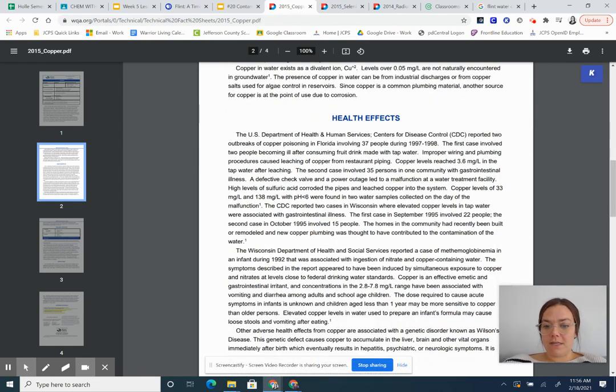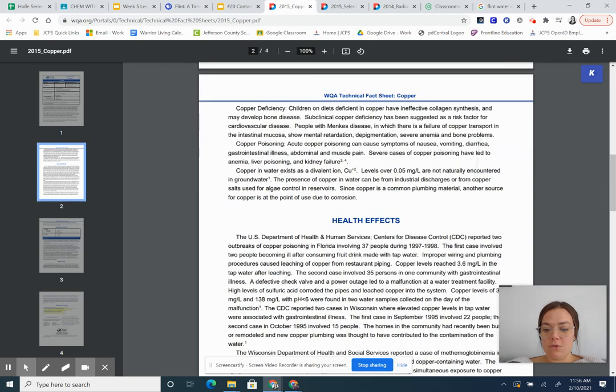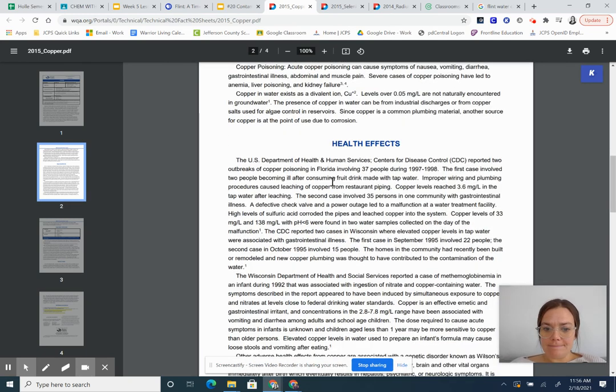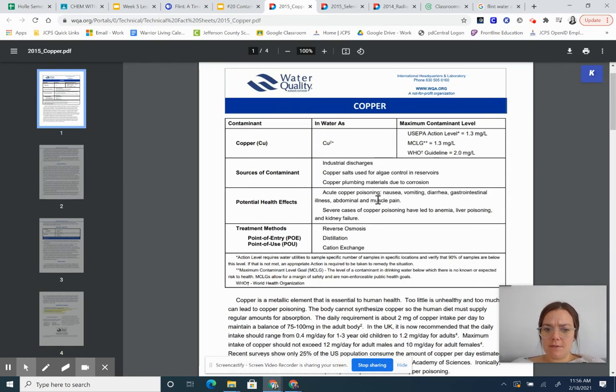So again, the health effects, it talks again more about what is happening, where it usually gets into our systems, which is through improper wiring and plumbing, excuse me, and talks about industrial discharge, copper salts, or corrosion.